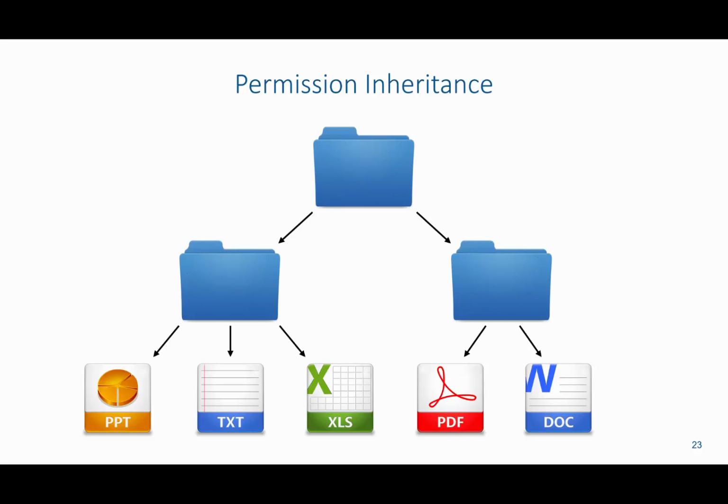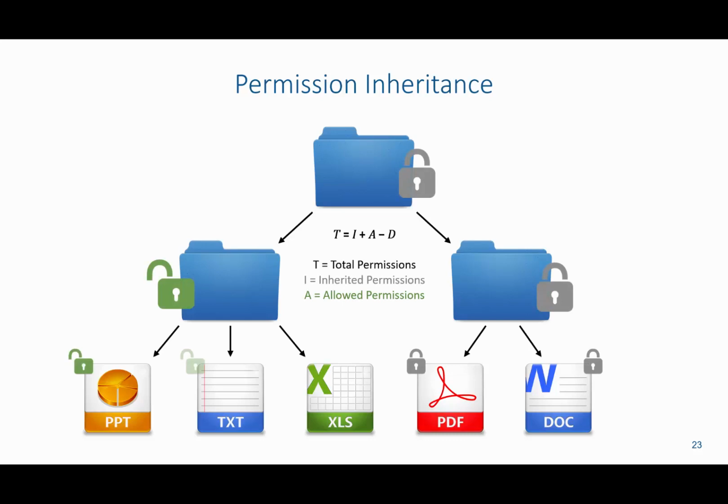So let's go over what permission inheritance looks like. The total permissions are equal to the inherited permissions plus the allowed permissions minus the denied permissions. Let's start with this top folder. The inherited permissions in this case mean this user is restricted from seeing anything in this folder and all of its subcontents.